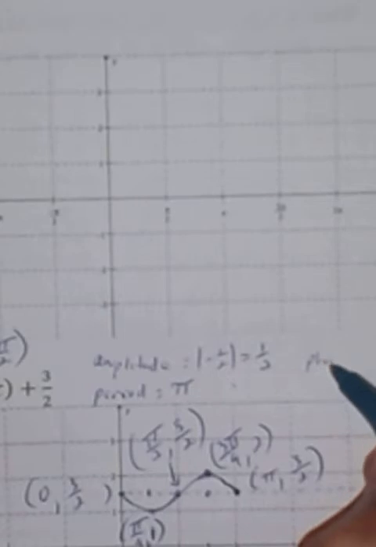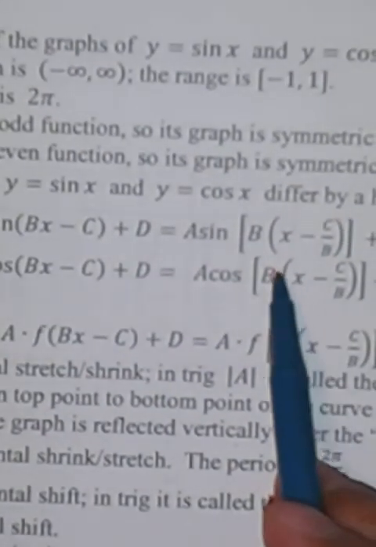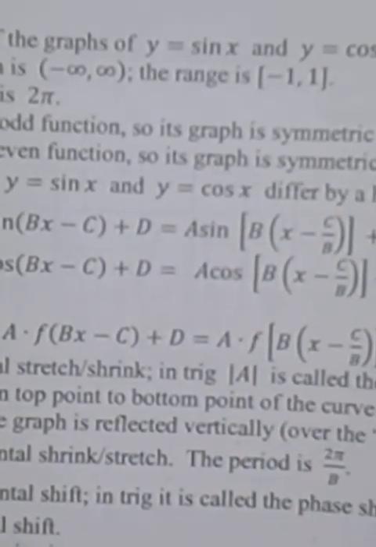The phase shift is pi over 2. Remember, if we look at the way the equation is given, it's b times x minus c over b.